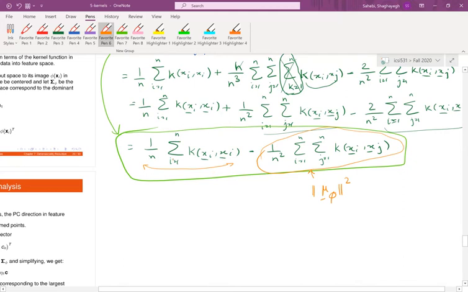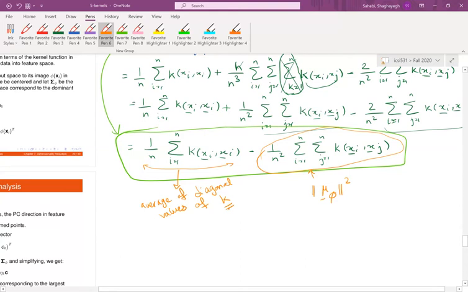So basically, I'm summing over every element on the diagonal of my kernel matrix, and I'm dividing it by n. So it's as if I am taking the average of diagonal values of kernel matrix K.